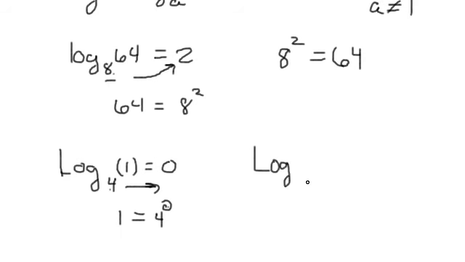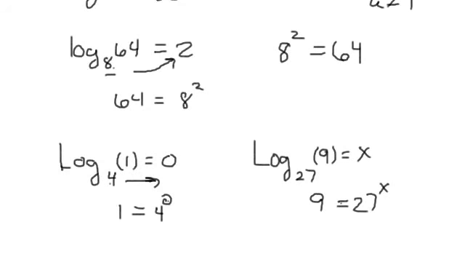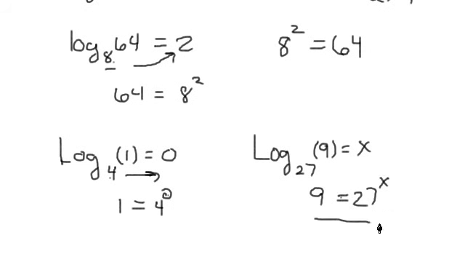What if I had log base 27 of 9 is equal to x? Bringing this 27 over, 27 raised to the x is equal to 9. In a previous section, we were talking about exponential equations like this one, wanting to figure out how to solve for x.